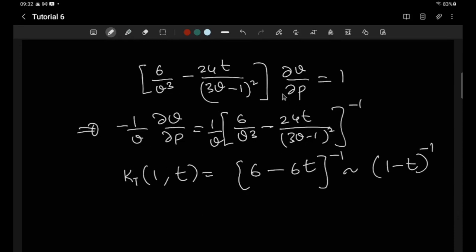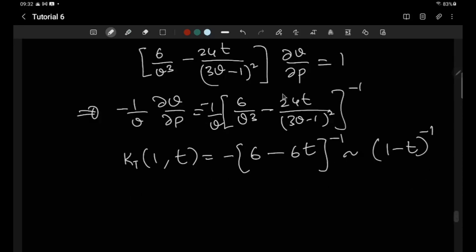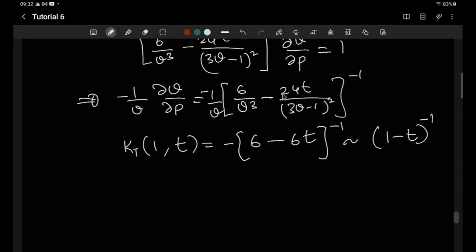I think I've taken care of this one. Oh, I have to. But we just want to get the exponent, so from that viewpoint we get gamma equal to 1.